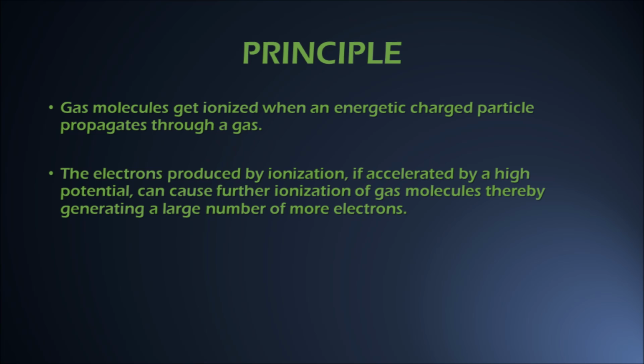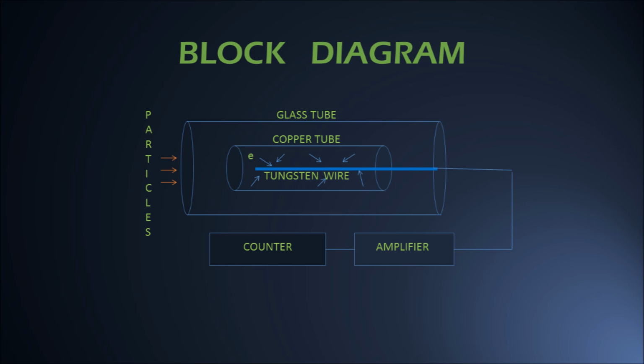Now let us see what are major parts of a GM counter. The GM counter basically consists of a hollow cylindrical tube of length about 15 to 50 centimeter and is made of copper.